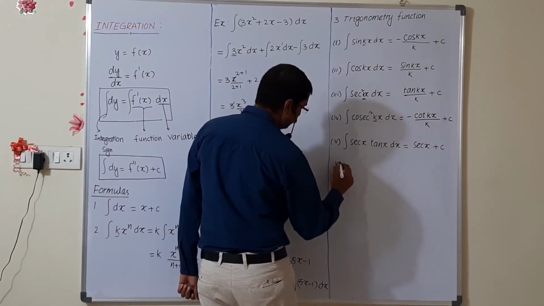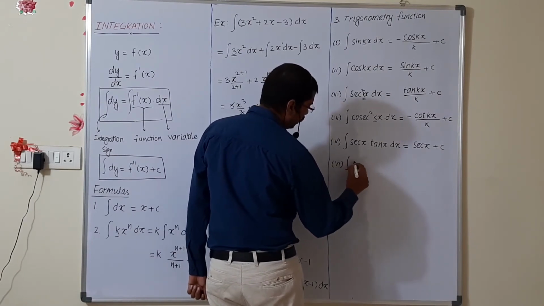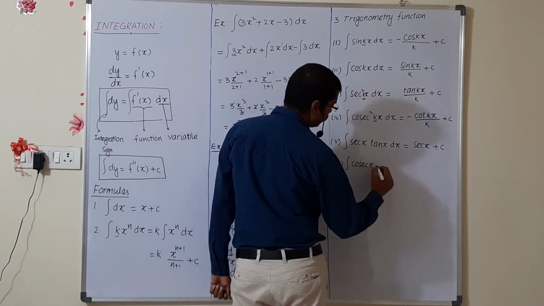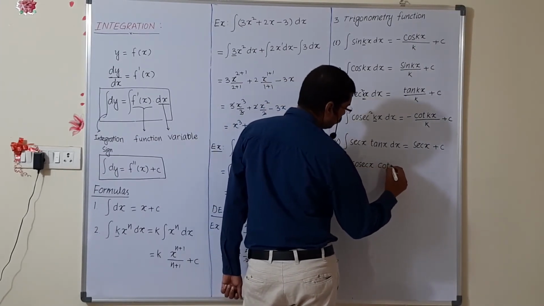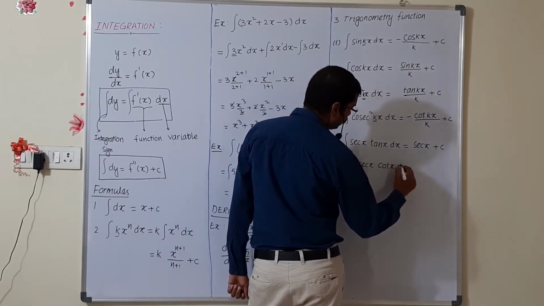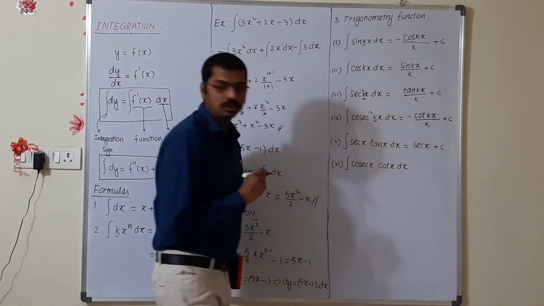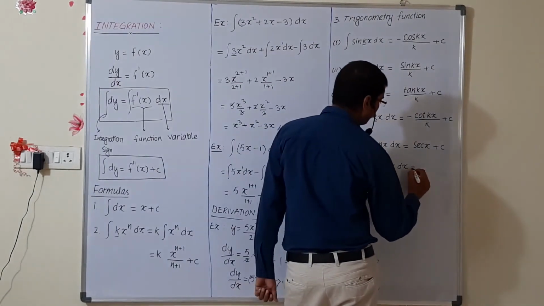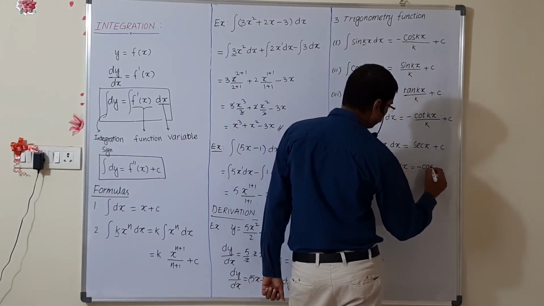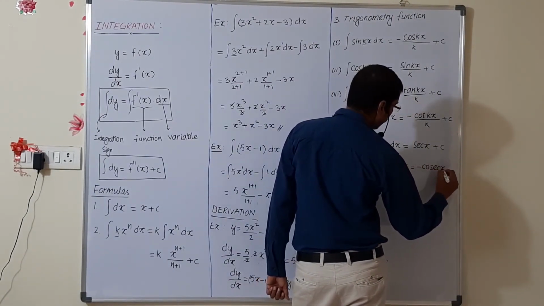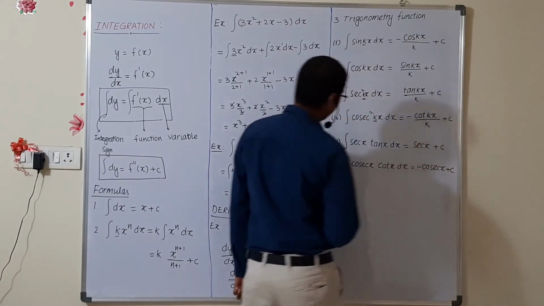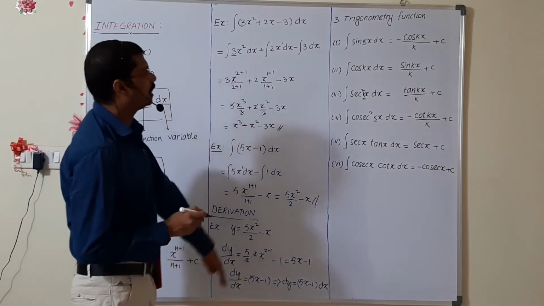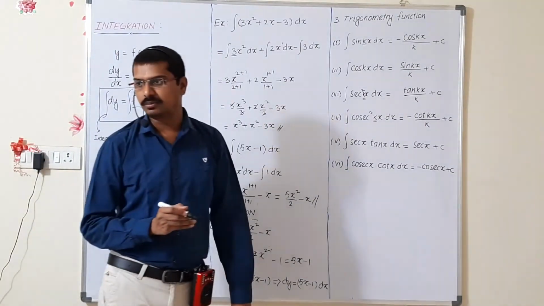Then the sixth ratio, cosec x cot x dx. This value we can write as minus cosec x plus c. These are the six trigonometry ratios. Then with these we will solve the sums also.